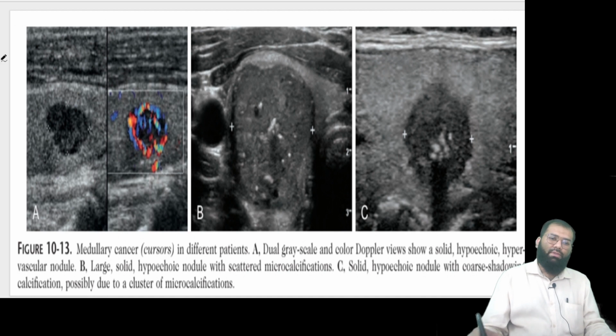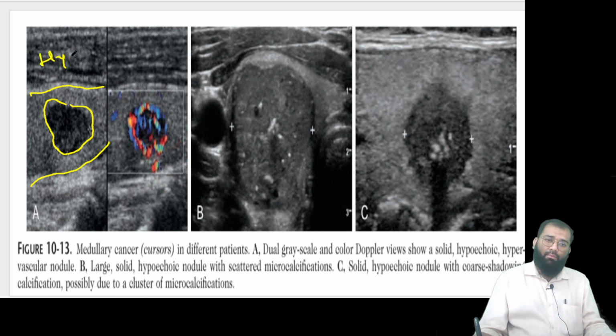Now with this, let us come to the image findings on ultrasound. Here in image 1, this is the thyroid gland, and within it you are able to see a very hypoechoic lesion, which is solid. On vascularity, can you see that there is increased vascularity?